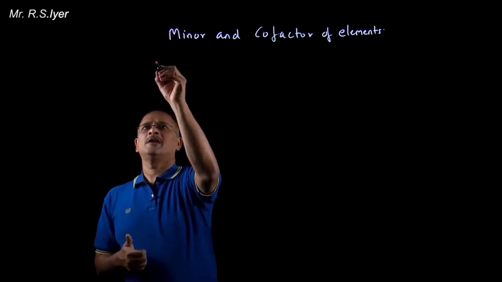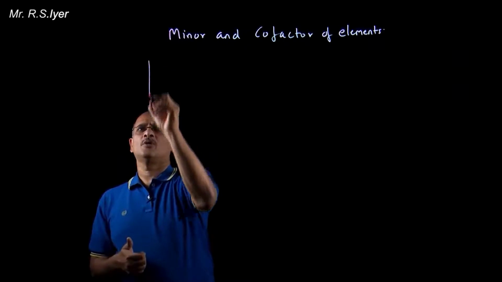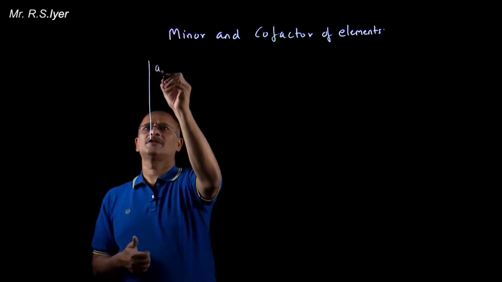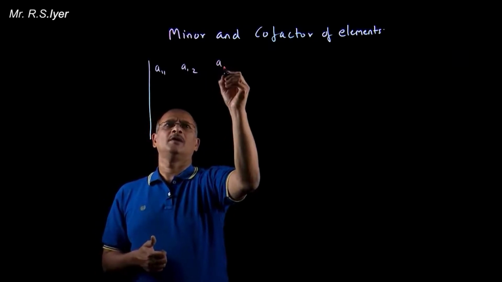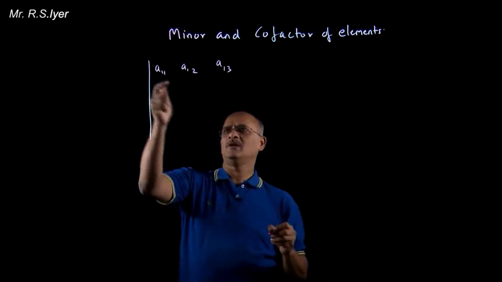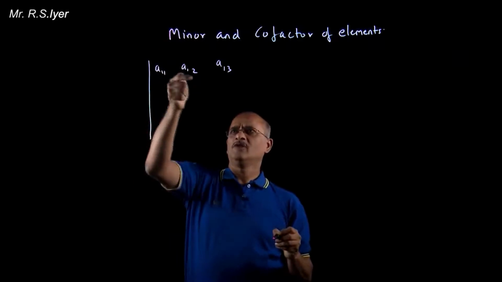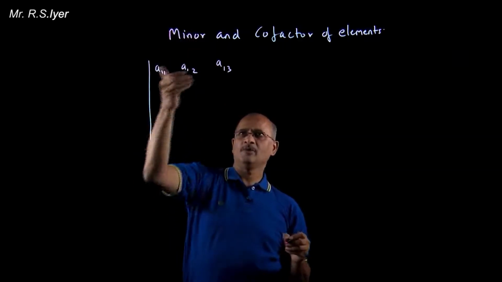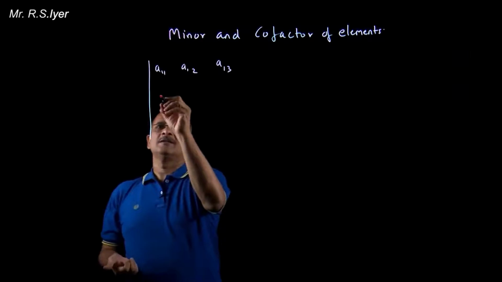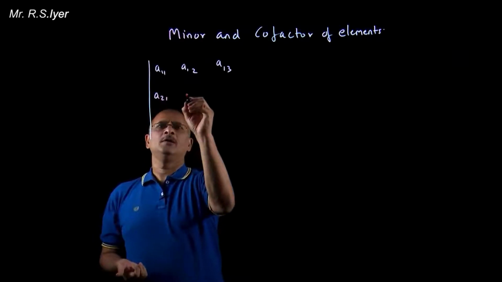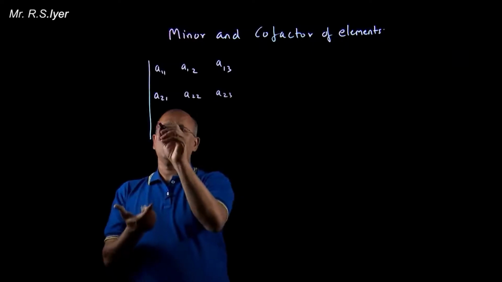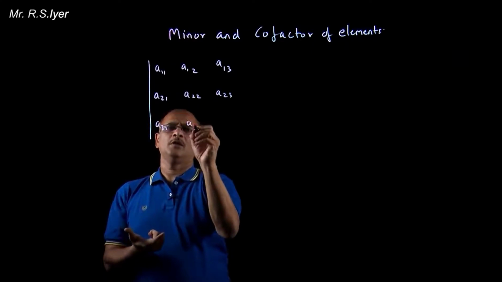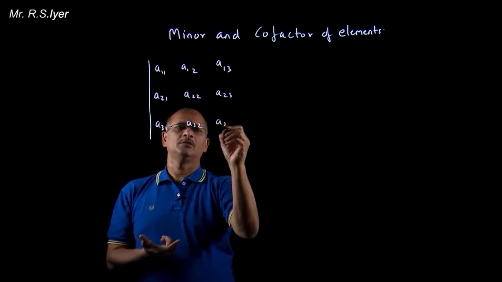Let us take the position of the elements. In order 3, remember this is the first element, A11, A12, A13. What does it mean? First row and first column, first row and second column, first row and third column. Similarly, A21, A22, A23, A31, A32, A33.